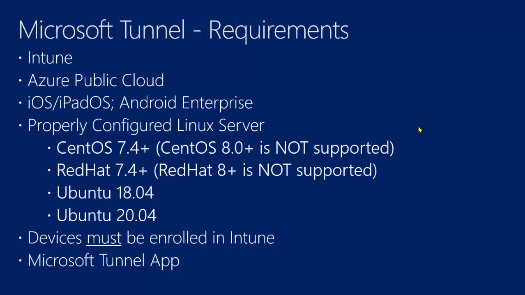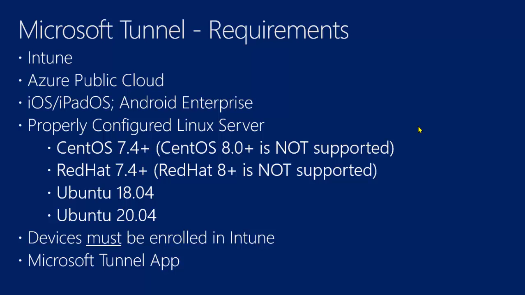All right. So what are the requirements if we're going to implement Microsoft Tunnel? There are a few, and a few more that I'll drill into in a minute in terms of components that we need. In terms of requirements, certainly you need Intune, because this all runs through Intune. You need the Azure Public Cloud.